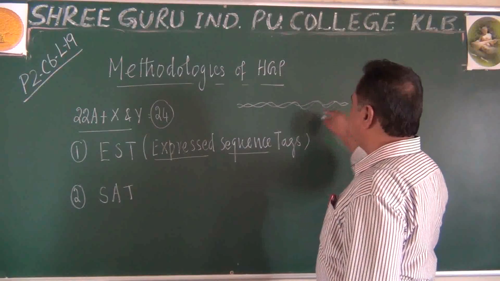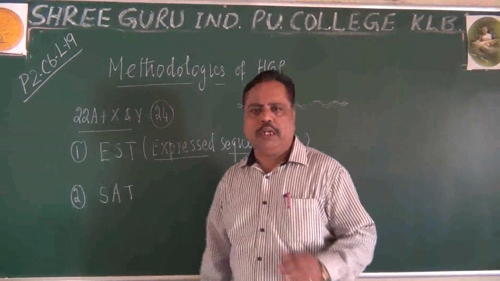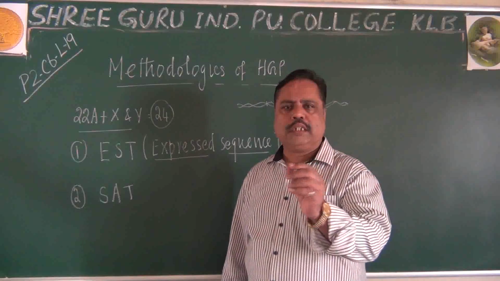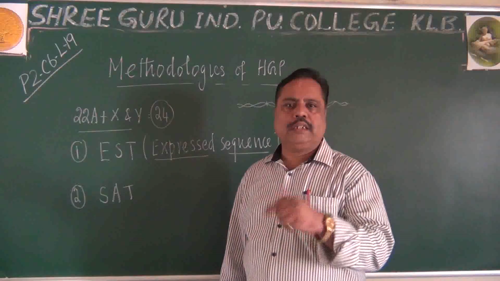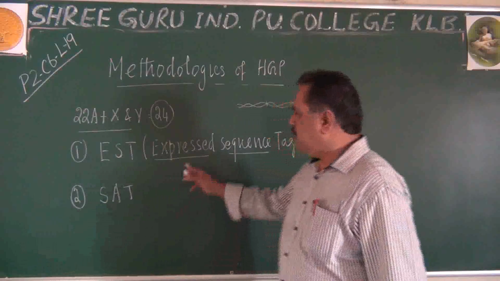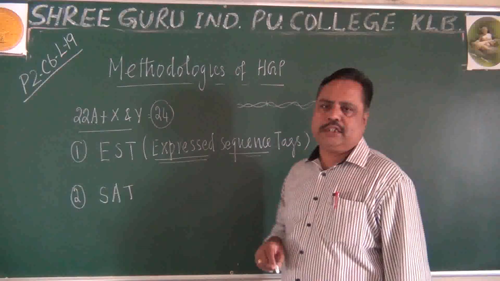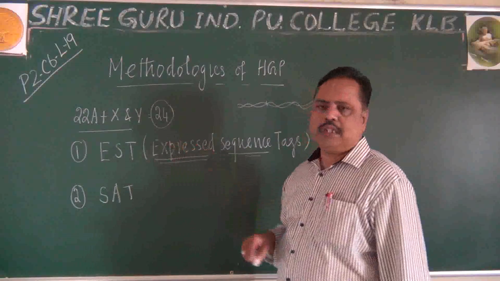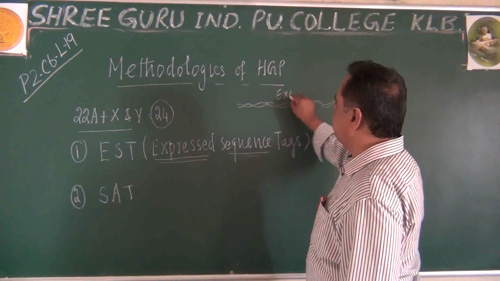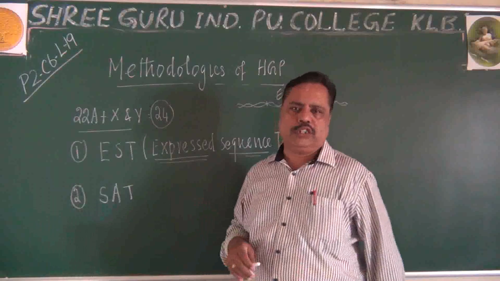We know one point: there are introns and exons present in the mRNA, and the same in DNA also. Introns are not expressible, exons are the expressible sequences of the DNA. Here we are analyzing the expressible sequences only. So in the EST method, we focus mainly on exons.